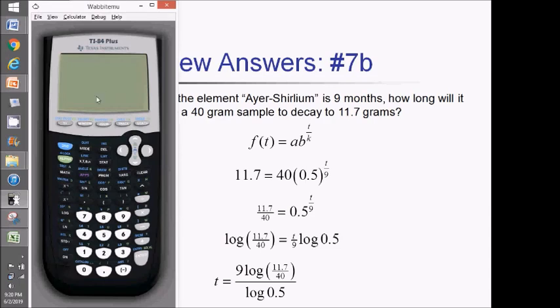To do this on the calculator, I'm going to do alpha y equals, and that brings up this little menu with the n over d fraction form. So upstairs I've got 9 log of, now I'll do another fraction form here. That's going to be 11.7 divided by 40.